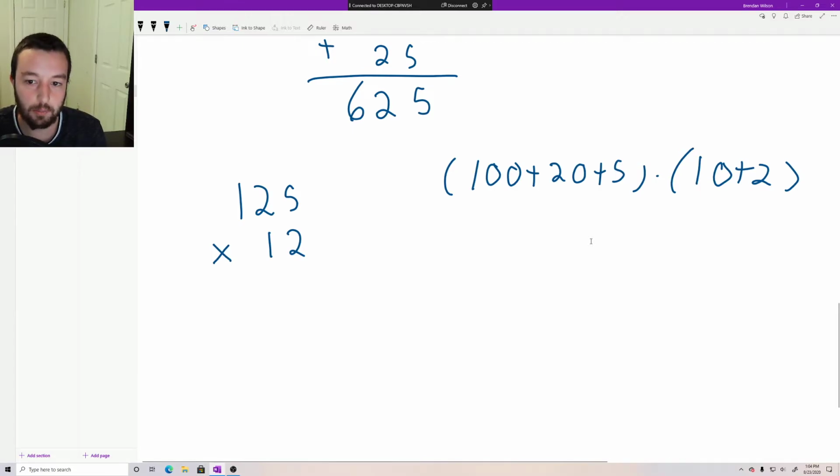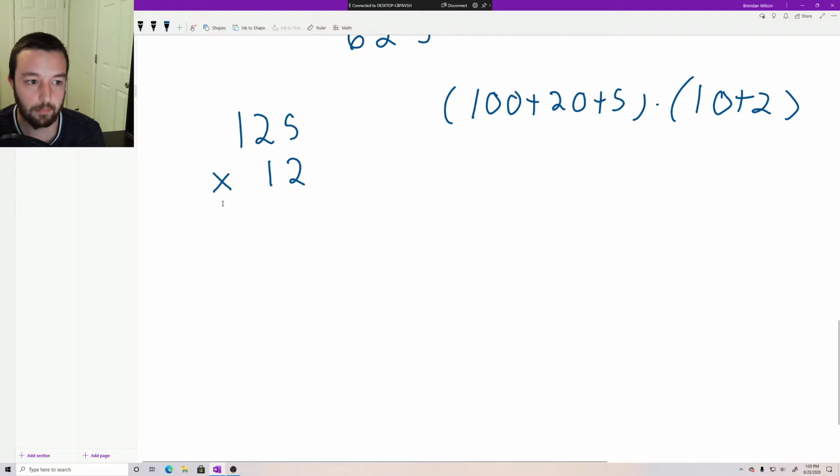At the end of the day, we want to make sure that every place, the hundreds place, the tens place, and the ones place in this one is multiplied by every place in this one, the tens and the ones place, which is another thing we'll talk about more in detail later, but that's what's going on behind the curtains of the algorithm here.